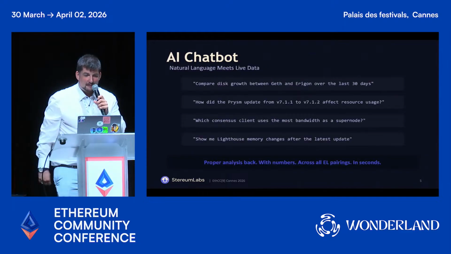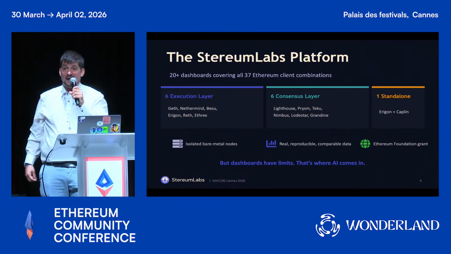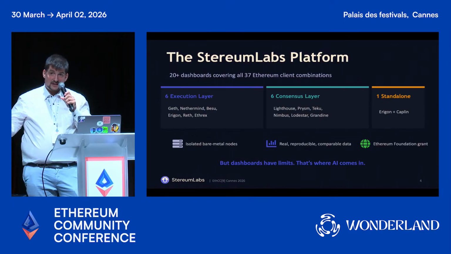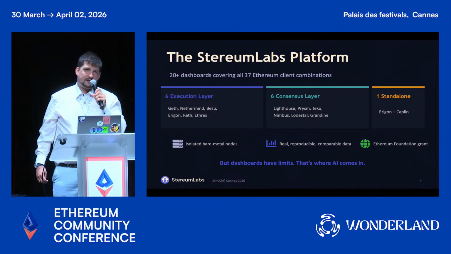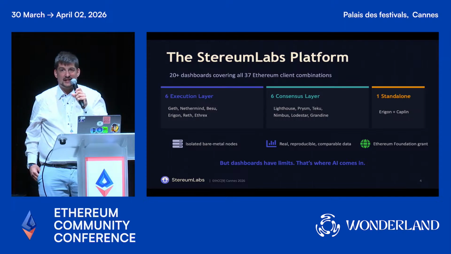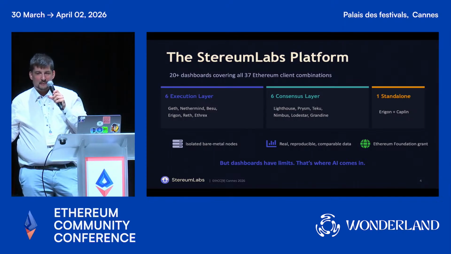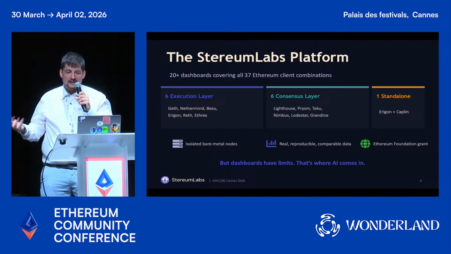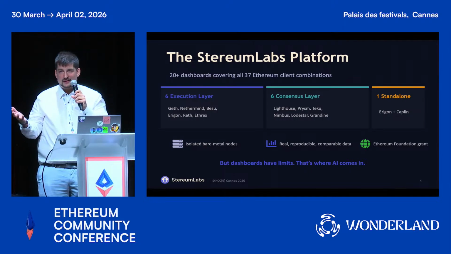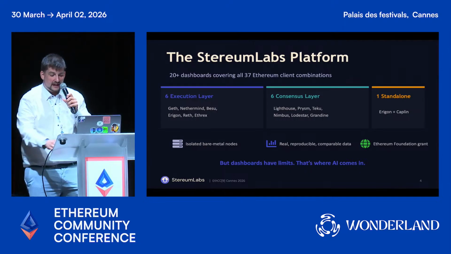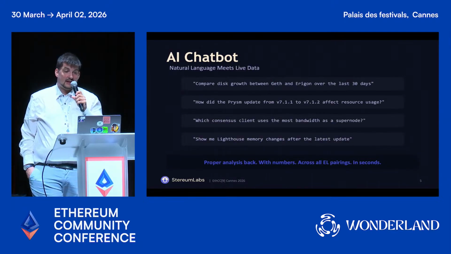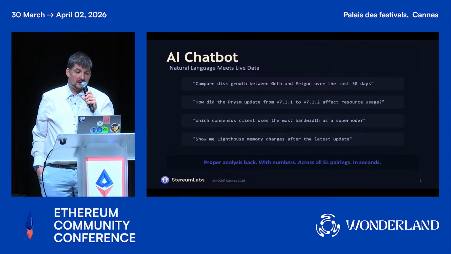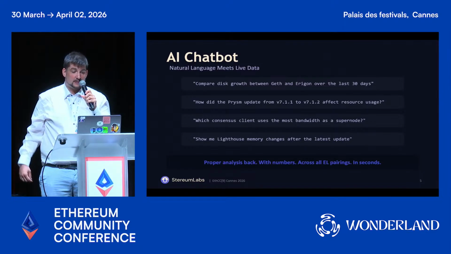But dashboards have limits, and it still takes a lot of time to compare all these metrics, even if you have good dashboards. We wanted everybody to get clear results, and that's where AI came in. So, what are you able to do now? You can ask an AI chatbot to compare disk growth between Geth and Erigon over the last 30 days.